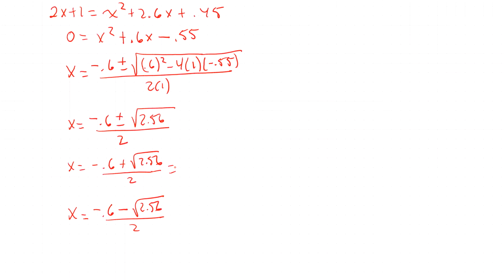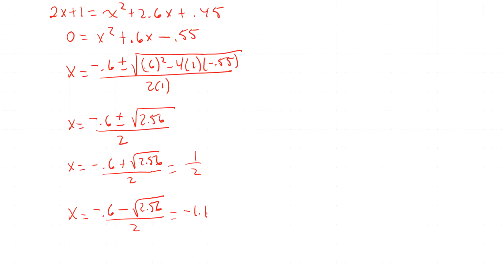Alright, so now this is a calculator problem, so negative 0.6 plus the square root of 2.56 equals 1, and then you divide it by 2, so that's 1/2 or 0.5, however you want to look at that. And then negative 0.6 minus the square root of 2.56 equals, and then divide by 2 is negative 1.1. Okay, so that's the x values.